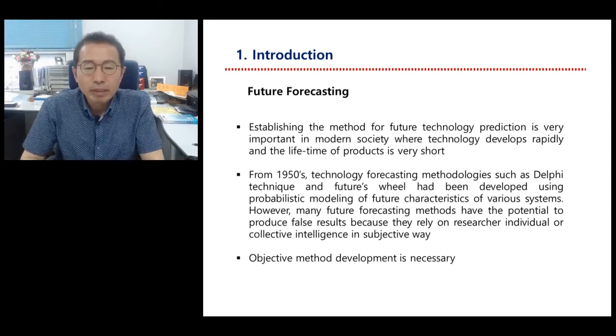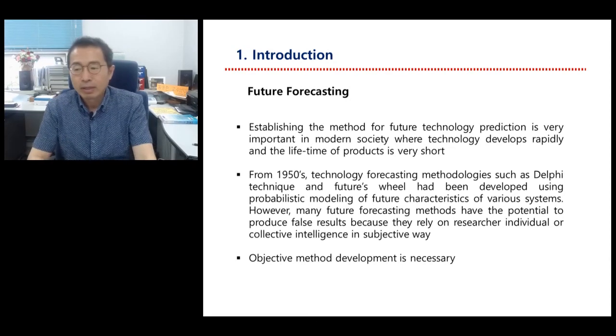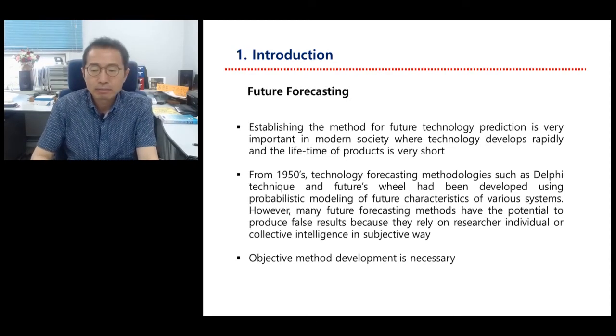From the middle of the 20th century, various future prediction methodologies such as the Delphi technique and the future sphere were developed. Not only do these methods have the limitation that many researchers spend a lot of time working together, but they also have the disadvantage of being subject to the subjectivity of individuals or groups of researchers, which can lead to false results.